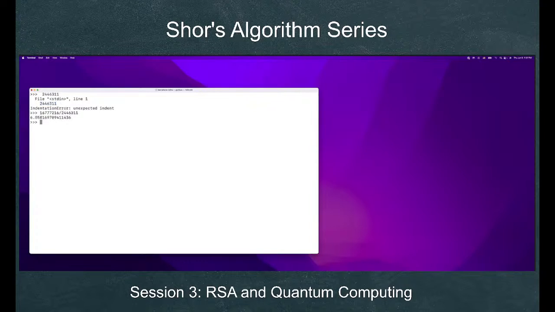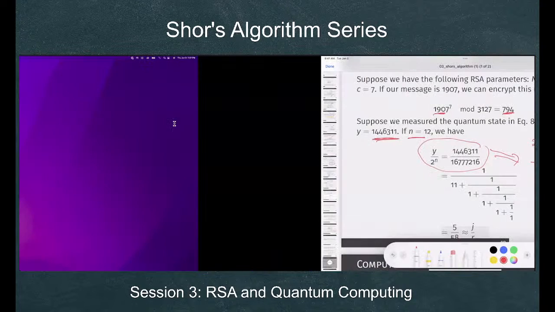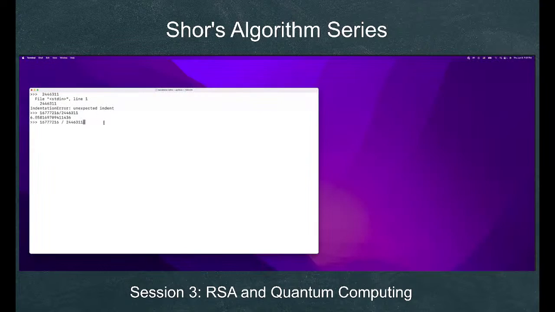Sorry, I think I must have got it wrong. 16777216 divided by this 1446311. I don't know what happened to me. Where did I get this? 1446311. So that will give you 11.